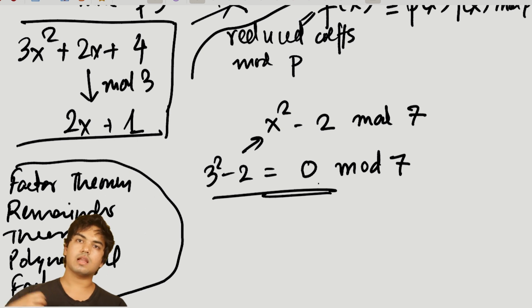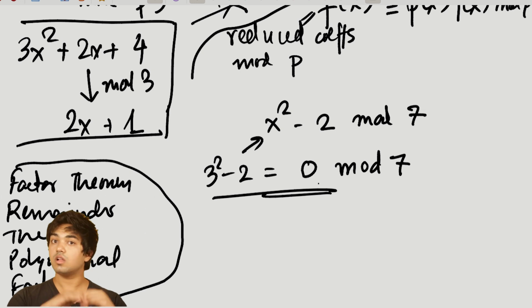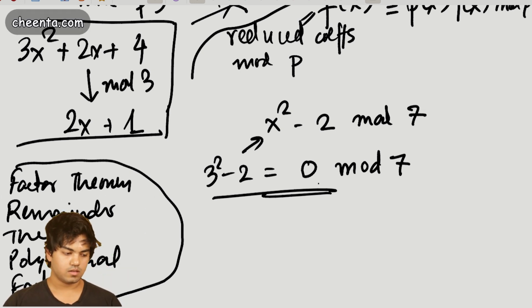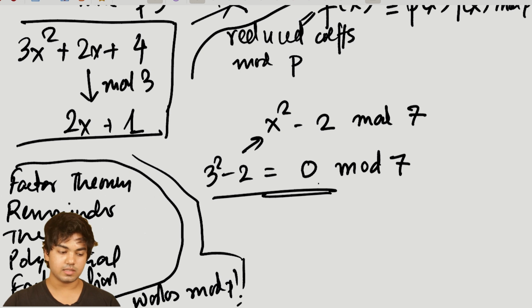An n degree polynomial has at most n roots. If alpha is a root, then x minus alpha is a factor of the polynomial. All of that works even when you're going mod p. Polynomial factorization works mod p. So I'm slipping this in as a technicality, but this is by no means trivial, something that needs to be proven. But yeah, it does work.